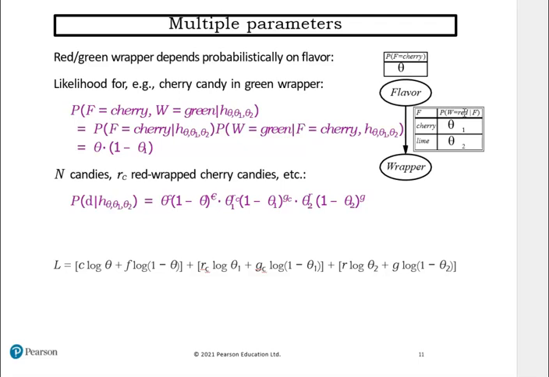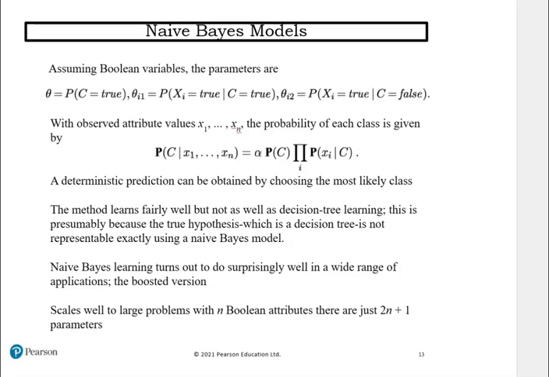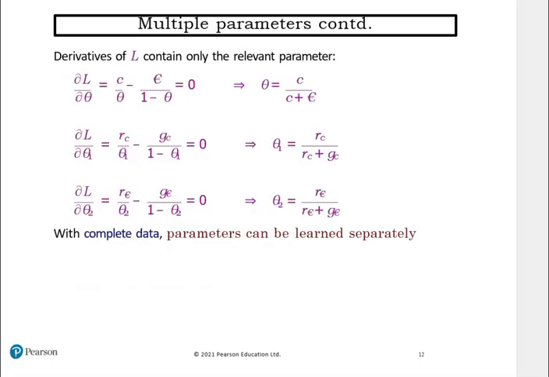So it's very easy to just look at the parent in the Bayesian network and estimate the probability. Of course, as before, we have to worry about zeros in the denominator, or if we haven't seen any red wrapped lime candies, for example, in our sample, and so on. So we just have to pay attention to that.